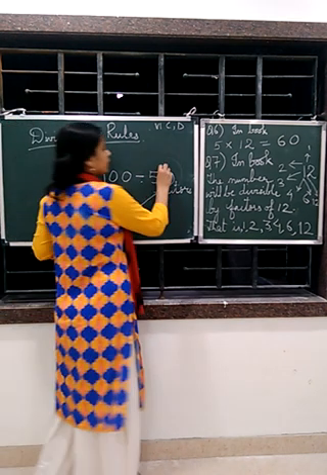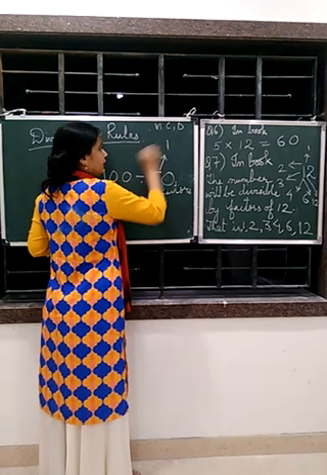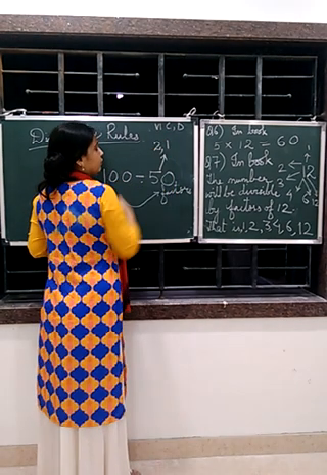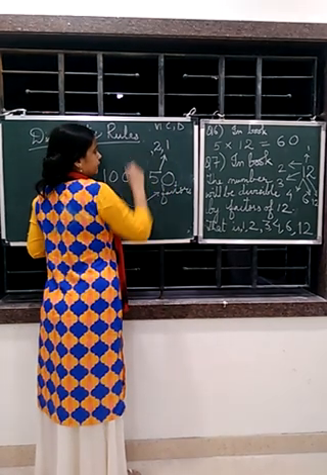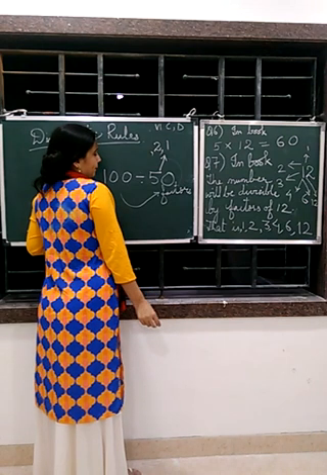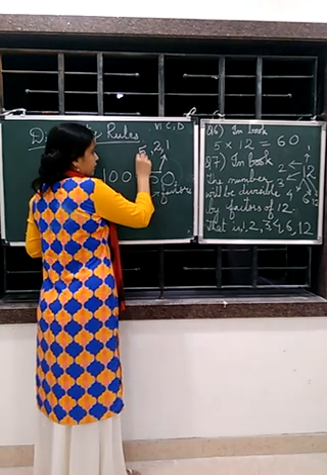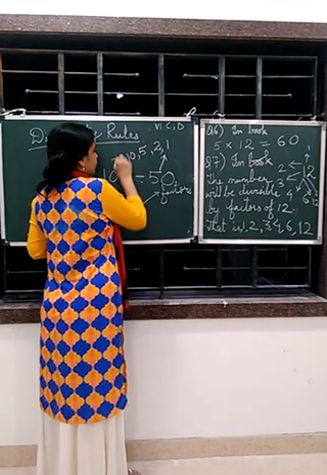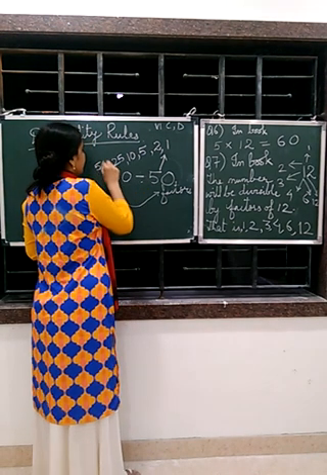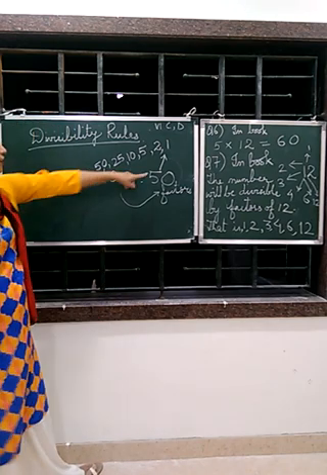So let's check what are the factors of 50. 1, 2, 5, 10, 25 and 50. Yes, these are the factors of 50.